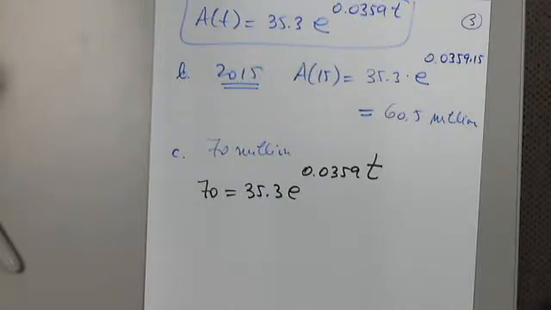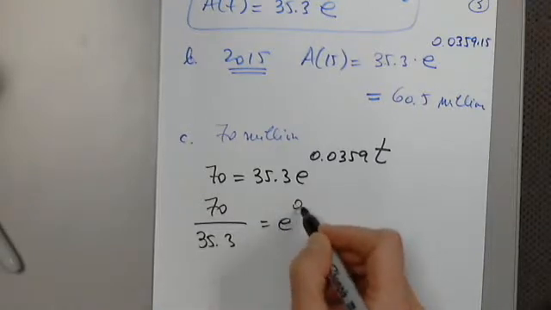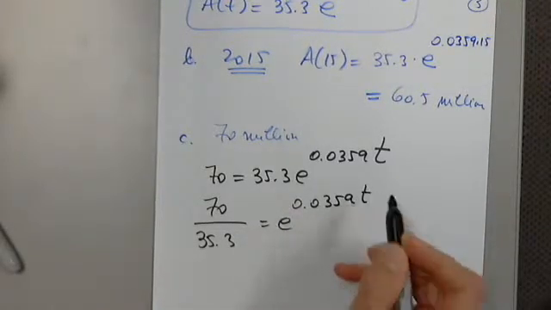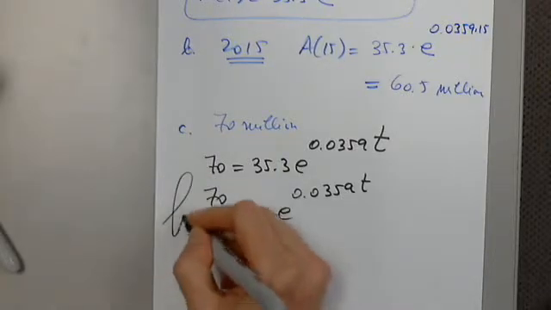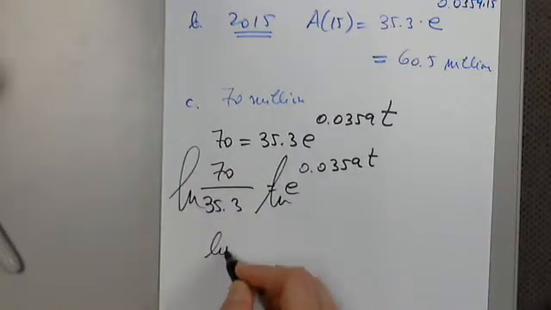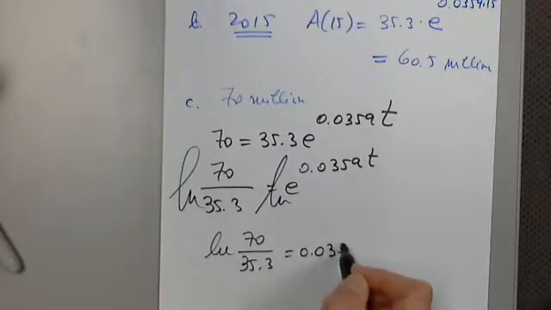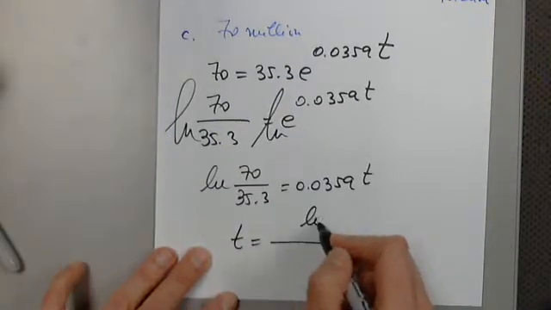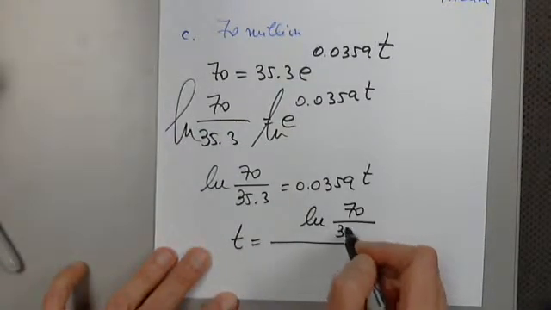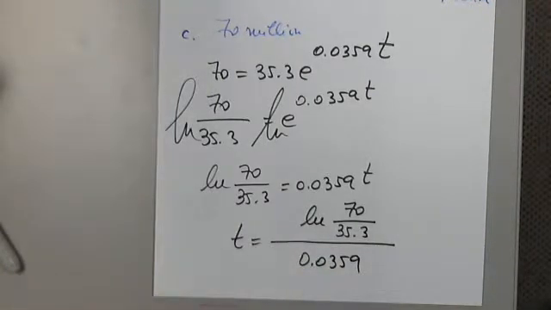I have to clean it up. Very good. 70 over 35.3 equals e to 0.0359 t. Now? Yes, of course. So ln of 70 over 35.3 equals 0.0359 t, and t equals natural log of 70 over 35.3, over 0.0359.